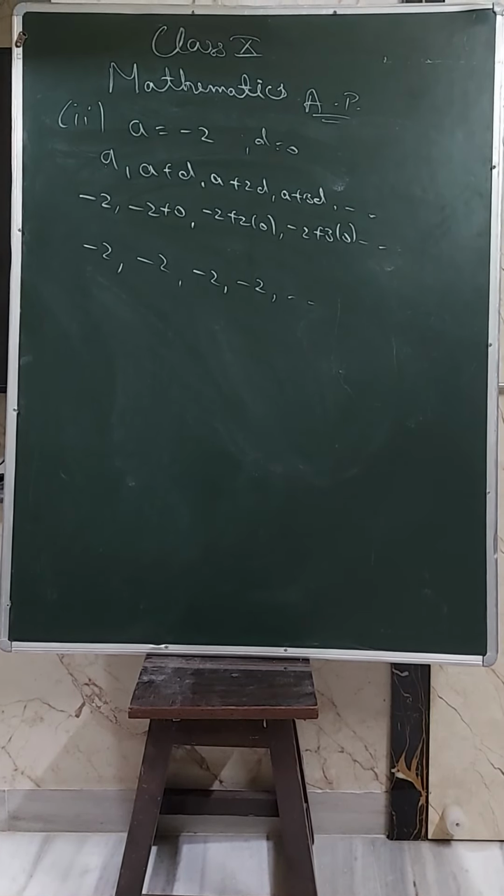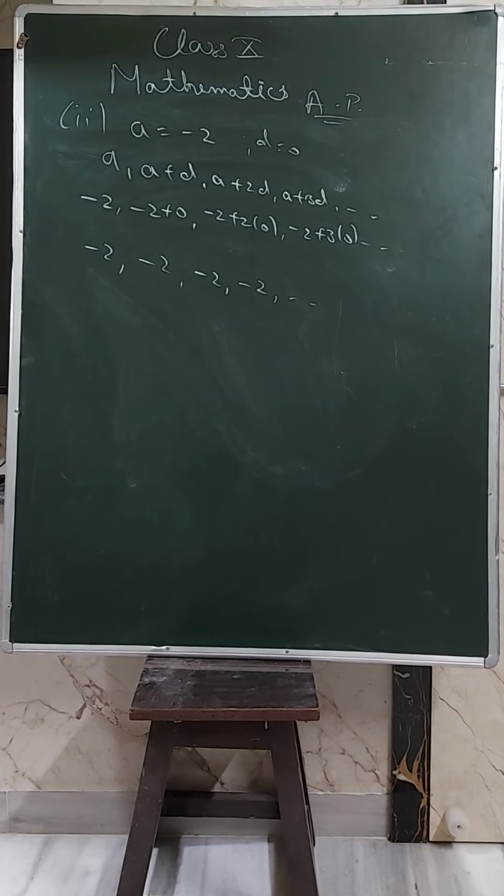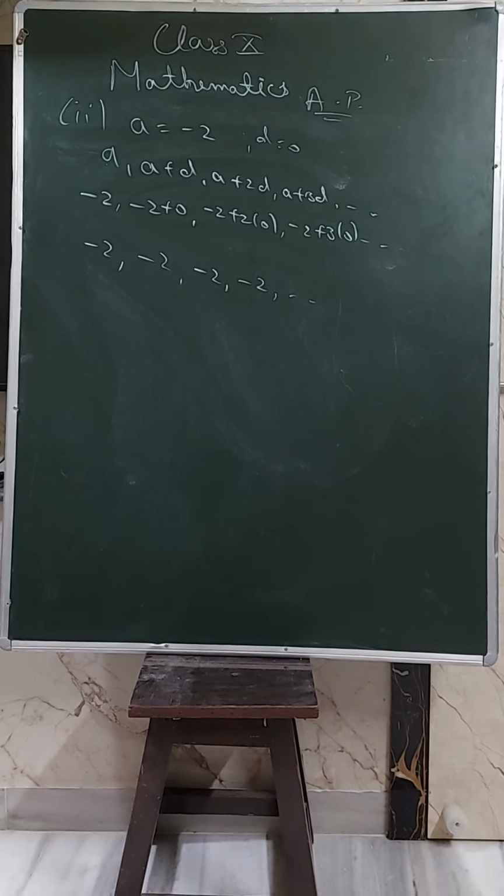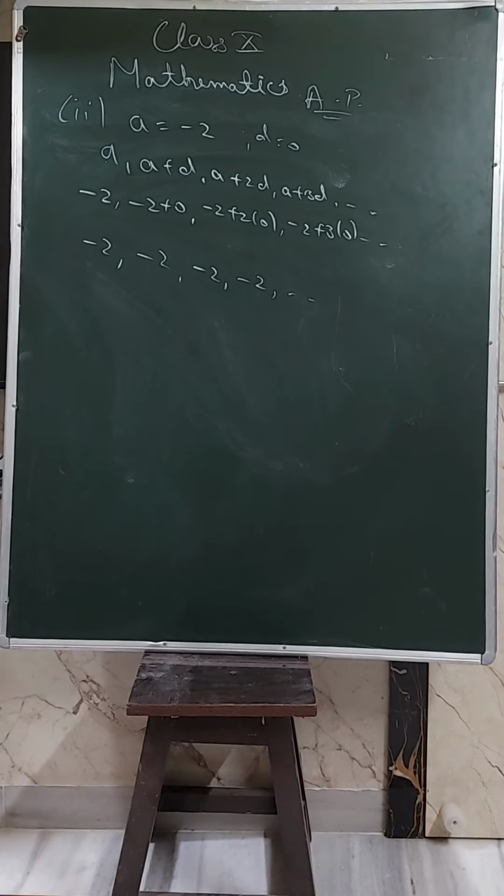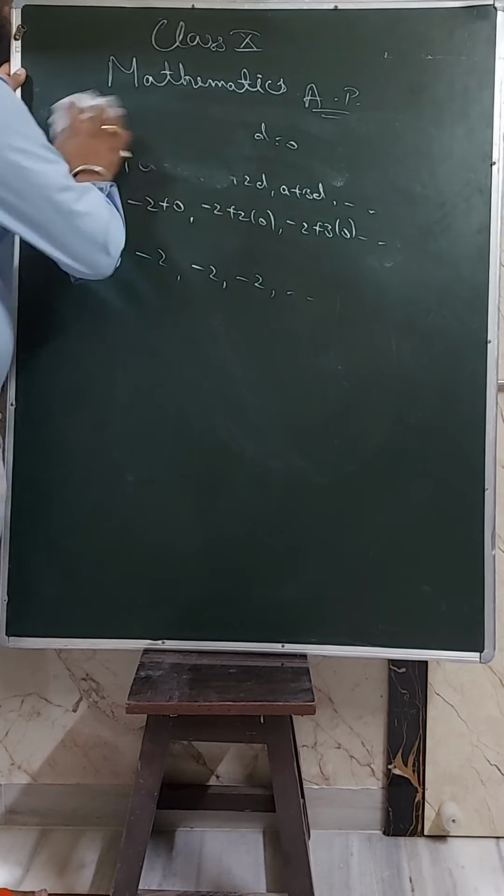Now the third part, the last part I will do again. Then the fourth and fifth parts are your homework. For the third part, a is 4 and d is -3.